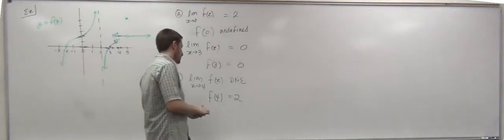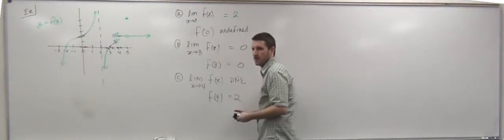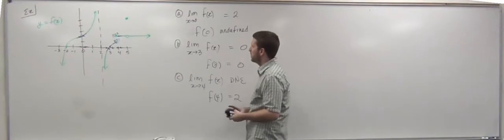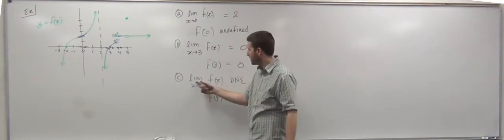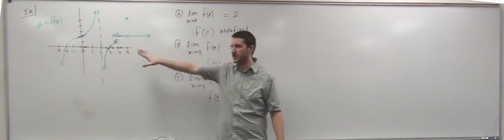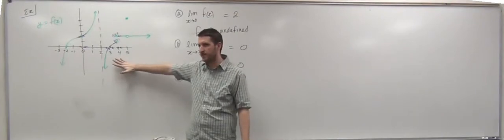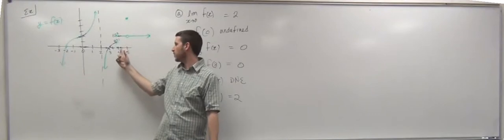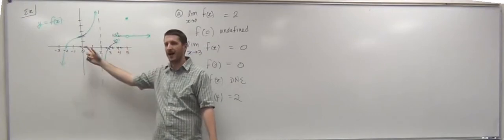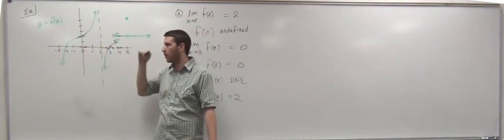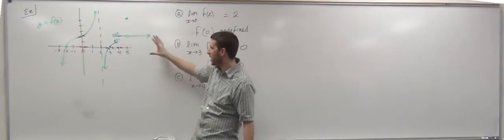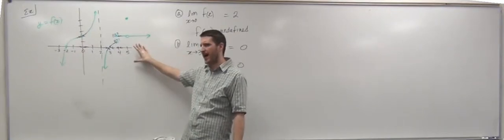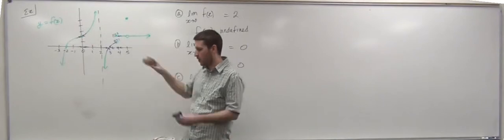Well, this is the limit of f. F is this function, so the domain is specified by this graph. For this particular type of problem, that isn't going to work.